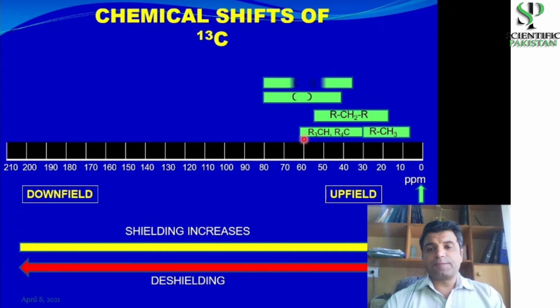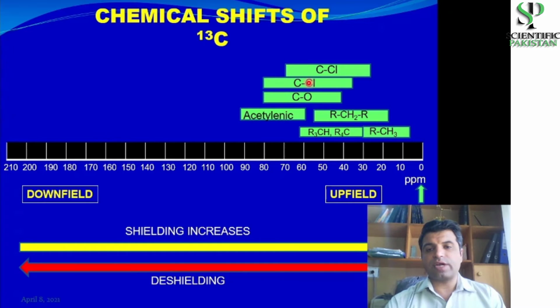Then we have the carbons attached to heteroatoms like halogens and oxygens, so they may extend up to 80 ppm. And if we have acetylenic, this is for nitrogen, there is a slight mistake, so you can take it as a nitrogen. But if you have acetylenic carbon atoms, they appear from 60 to 90 ppm.